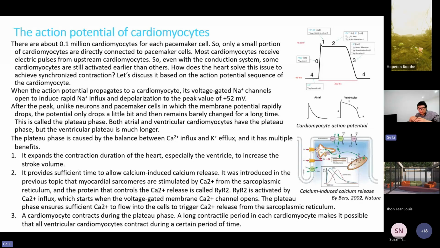So in other words, a person taking a beta blocker can effectively prevent the active fight-or-flight response of the body. I hope that answers your question. Yes, thank you. You're welcome. Thank you for the question.